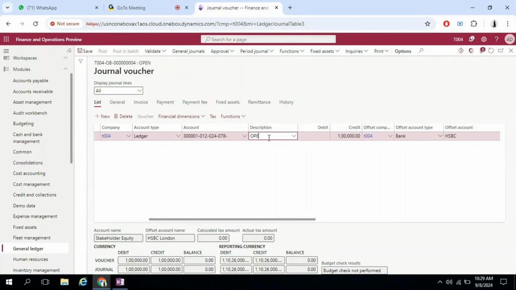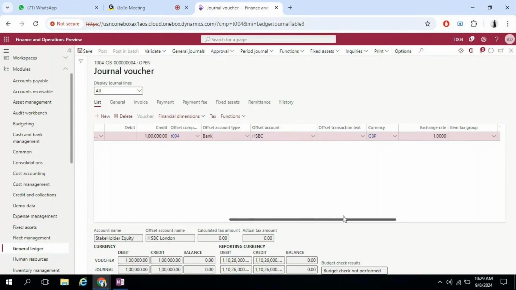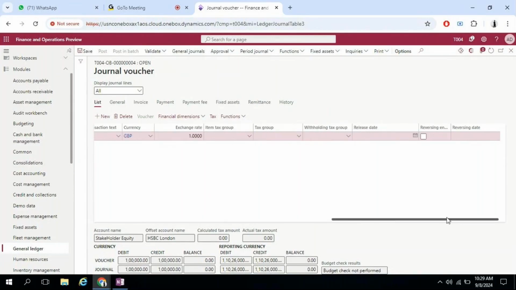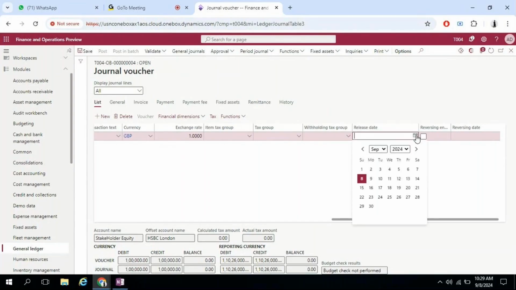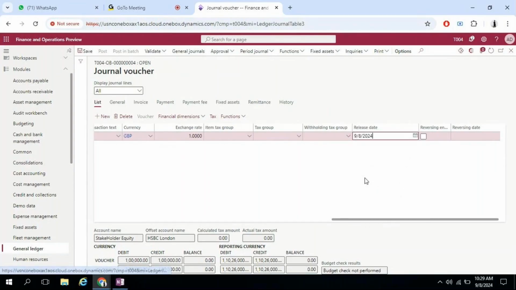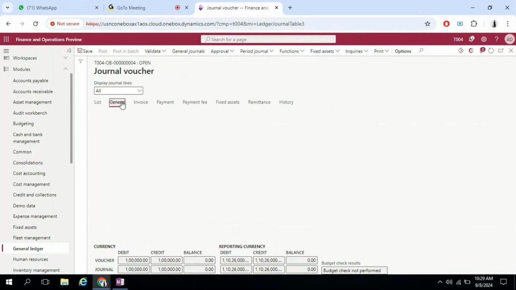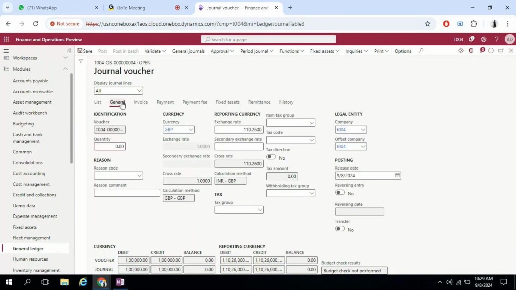So I will enter a description, opening for stakeholders. Okay, so this is the description I have typed, and he also advised me to add the release date when it is going to release. So it is going to release today. Okay, and he's also asking me, let's go to different tabs over here.